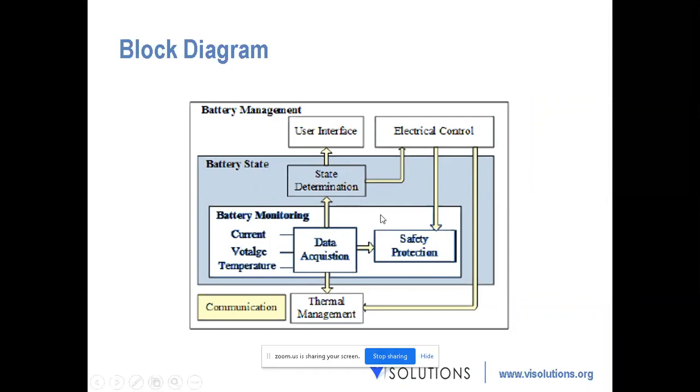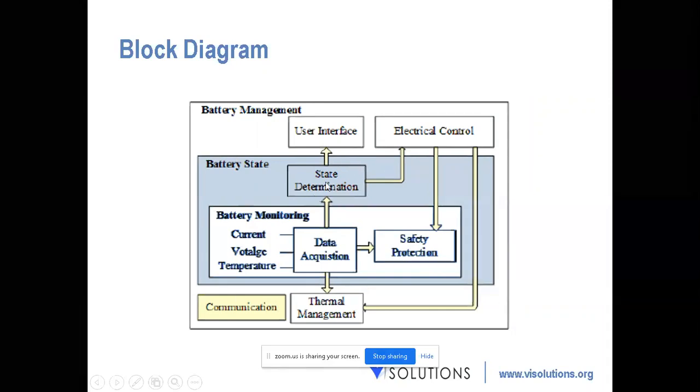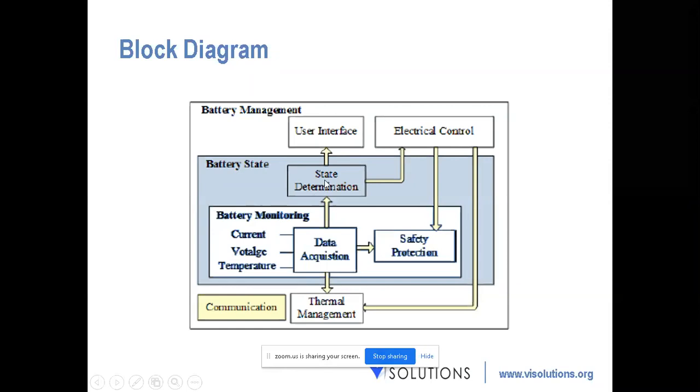Those types of decisions will take place in state determination, within the battery management itself. It will have a processor which, depending on the current, voltage and temperature, will act accordingly.